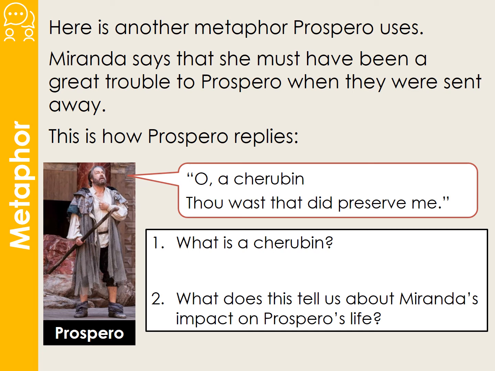Think for number 2 about this line, "thou wast that did preserve me." What does preserve mean? Think about those words please. Again, there are answers on the next slide, but see if you can do this on your own first of all, before you look at those answers.